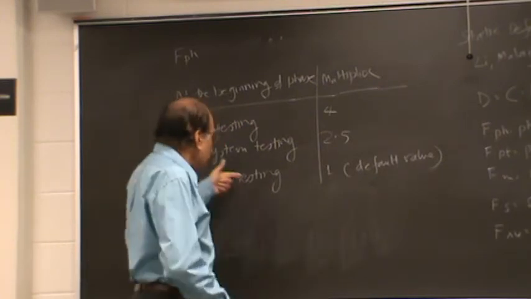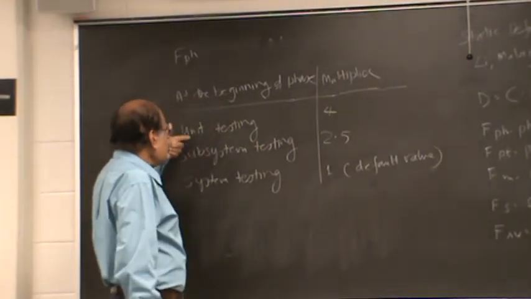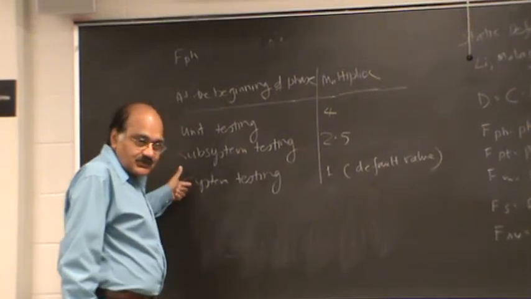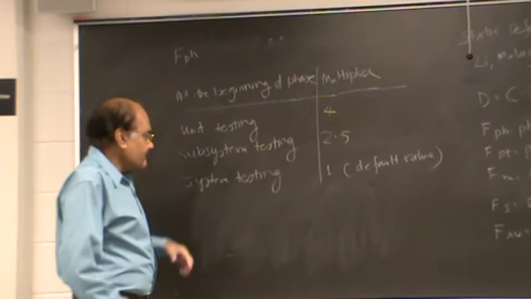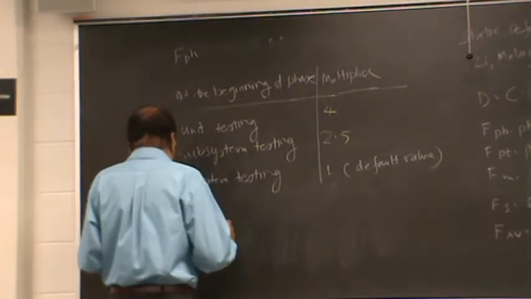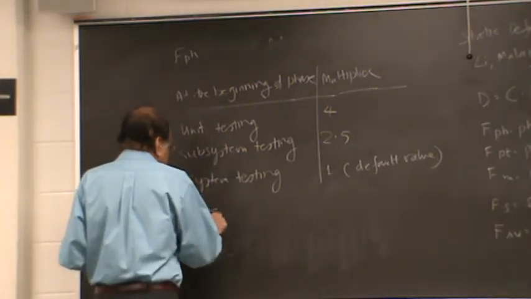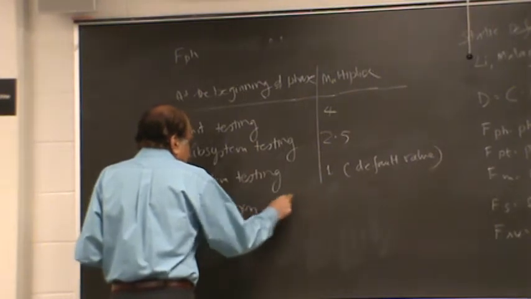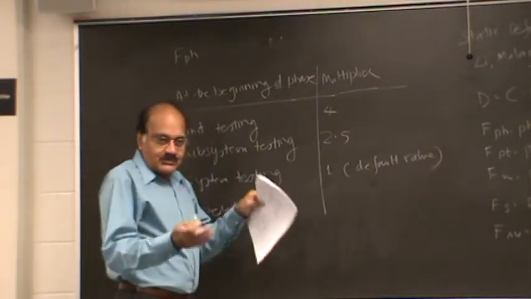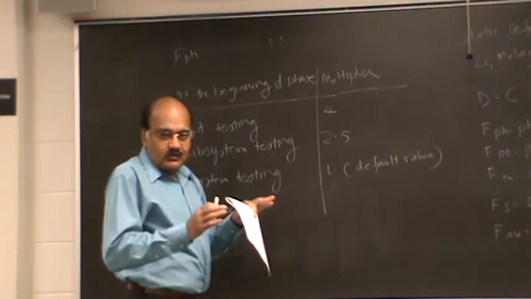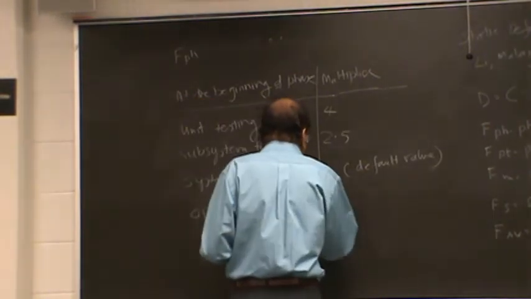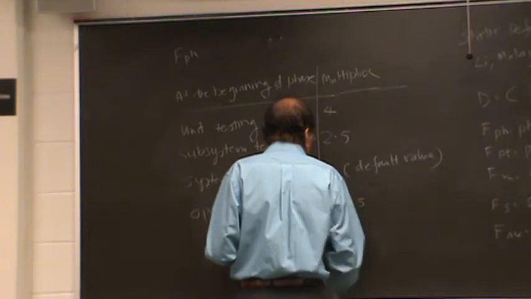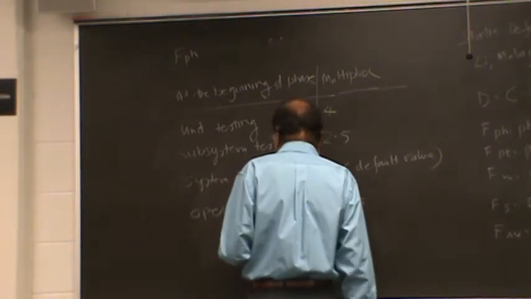So we are comparing this and this with the beginning of the system testing phase. It's a relative number. And after system testing, you have operation. You have done your system testing, and you released it, and it is operational. Your defect density would be multiplied by a factor of 0.35.